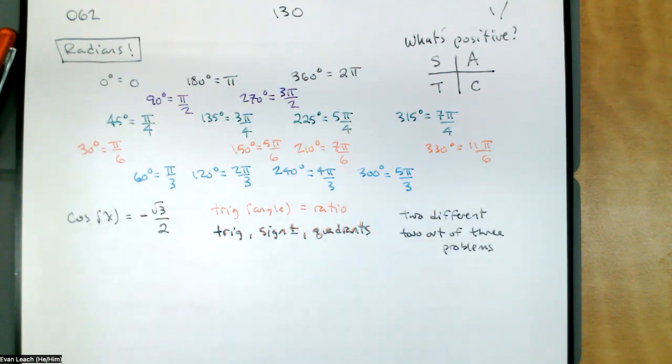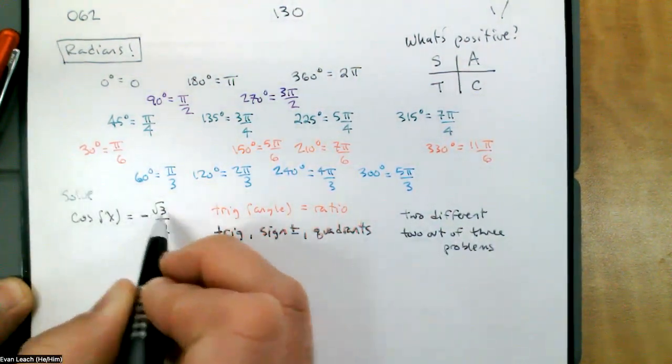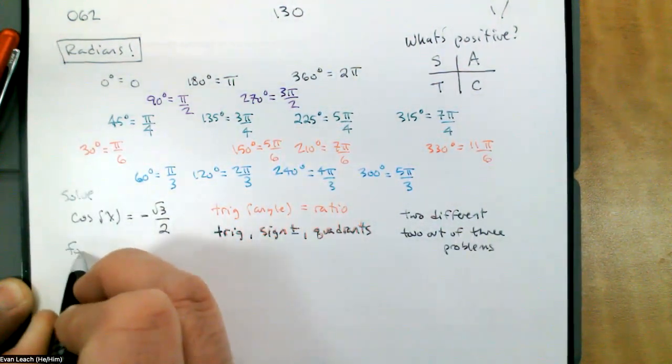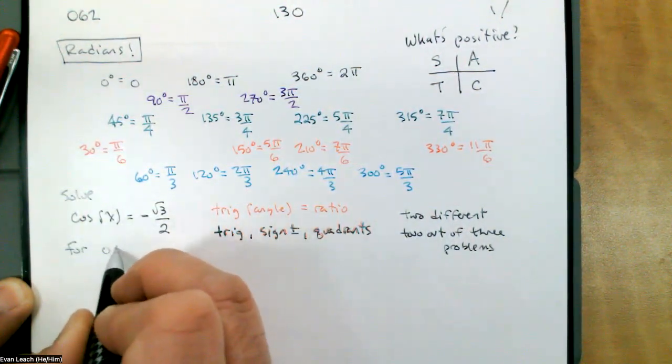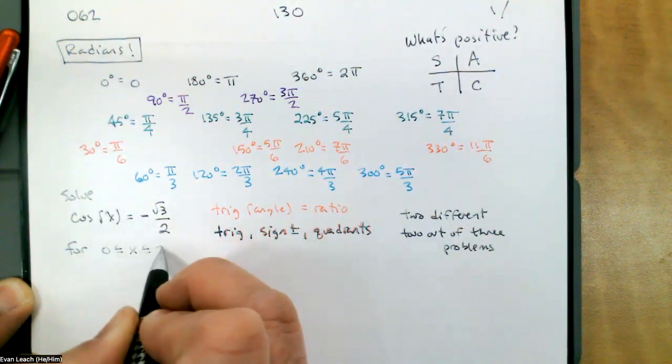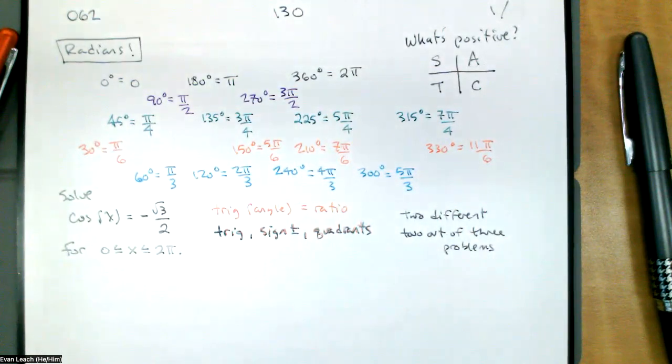So notice I wrote cosine of x is negative √3 over 2. I didn't specify whether I wanted degrees or radians. Usually if I'm using x, I'll want radians. So I might say solve cosine of x equals negative √3 over 2 for x between 0 and 2 pi. If I want x to be between 0 and 2 pi, I'm asking the problem in radians.